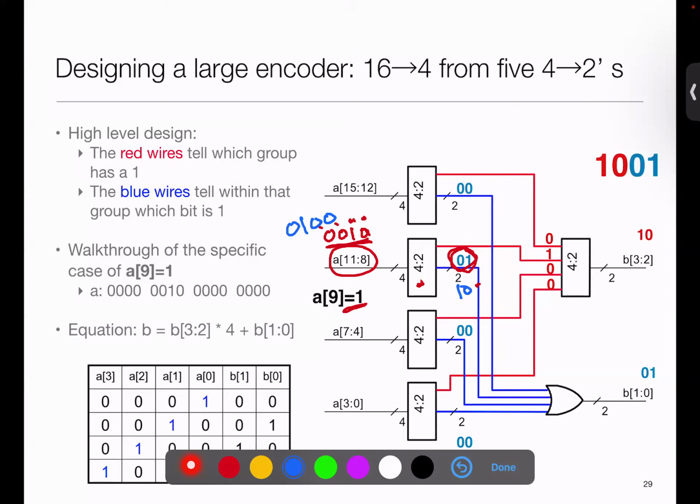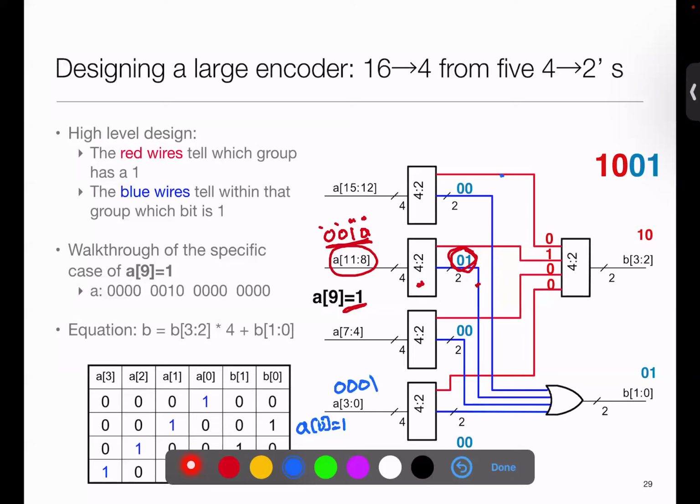Okay. What about the case of A0, where B1 and B0 are both 0 0, but you still have the one hot encoding? Okay, so let's say A0 was high. I will be seeing 0, 0, 0, 1 here, and all zeros everywhere else.